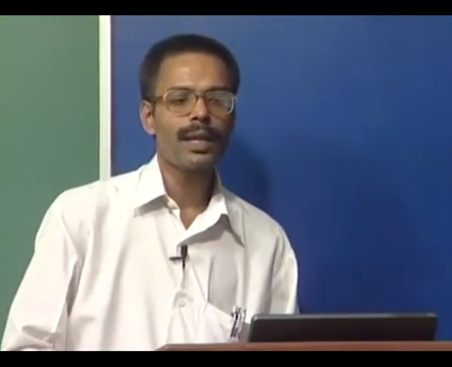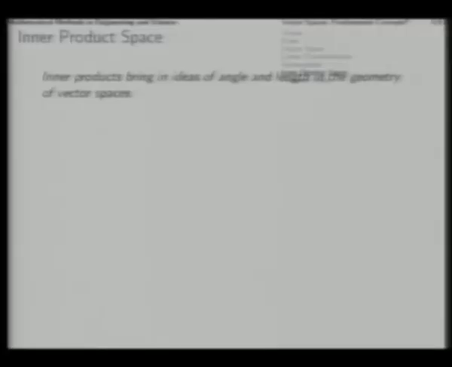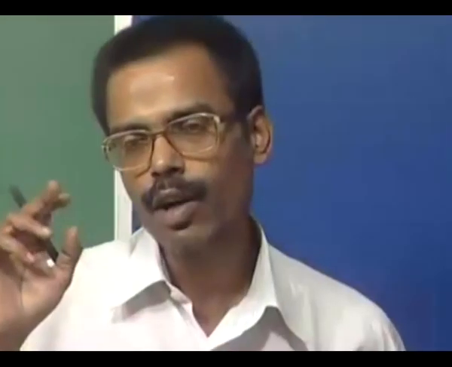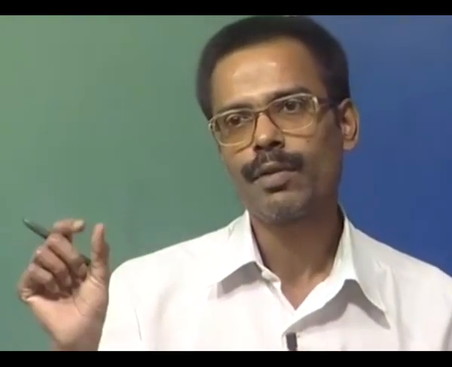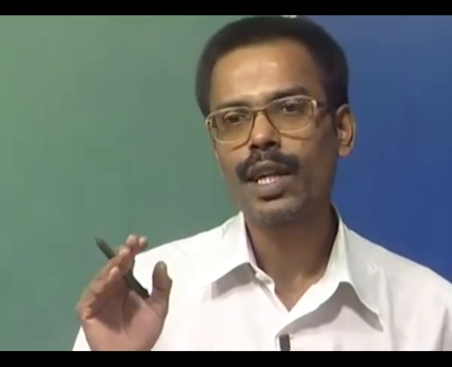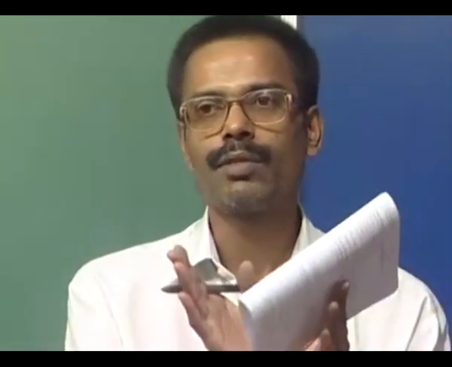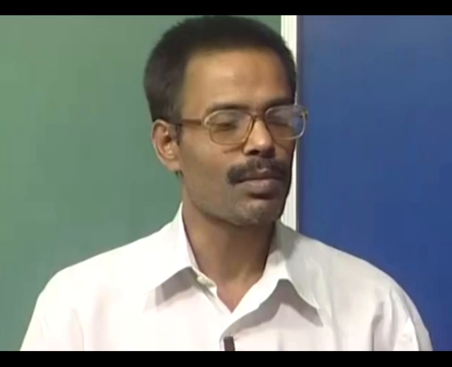So, we find that inner products bring in ideas of angle and length in the geometry of vector spaces, and you know that the inner product A comma B, if you consider your ordinary definition of dot product, will have size of A into size of B into the cosine of the angle between the two vectors. So, the idea of angle comes into the picture.